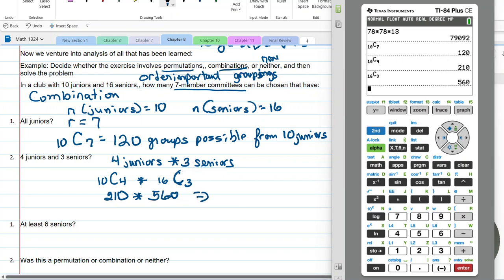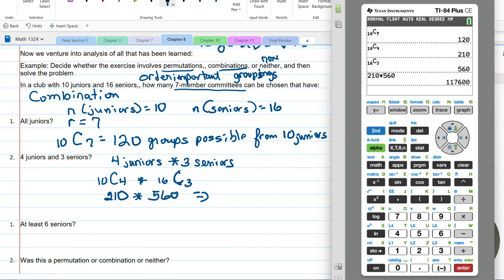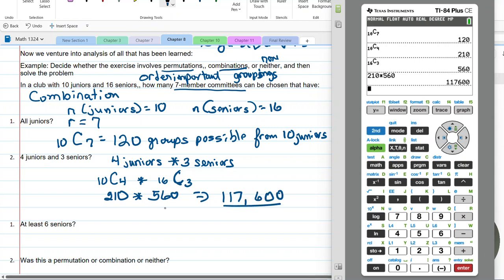And now we're going to multiply them to see how many combinations we'd have of the 2 individual sets. And I get 117,600 ways to have 4 juniors and 3 seniors.